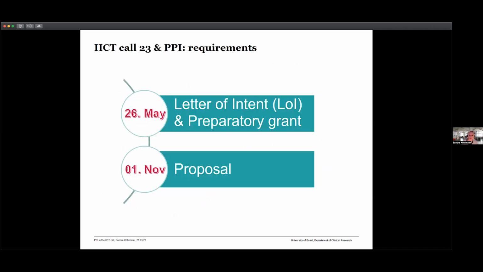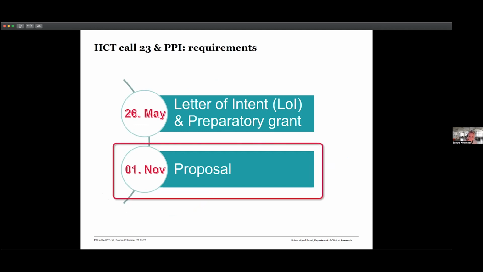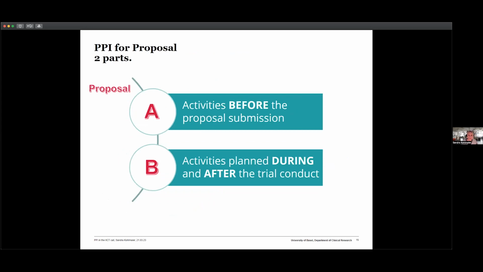So, coming to the requirements of the proposal with submission date 1st of November. Here you have two parts, Part A and Part B. Part A describes the activities which you have already done before the proposal submission, hopefully with the preparatory grant.